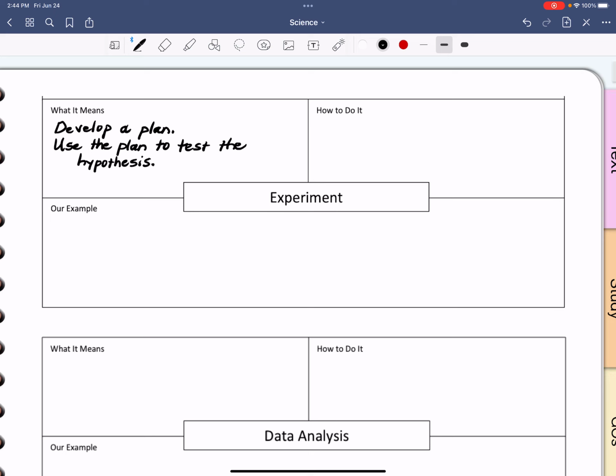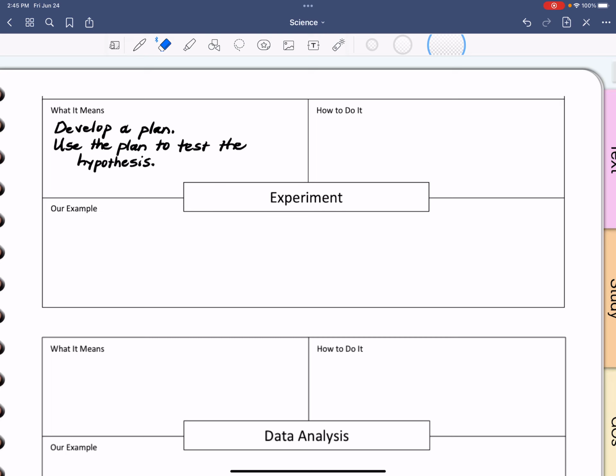Okay. This is not just a stab in the dark. You develop a plan. Doctors have a treatment protocol that they learn in school. That's the plan. And you use that plan to see if your hypothesis is correct or not.